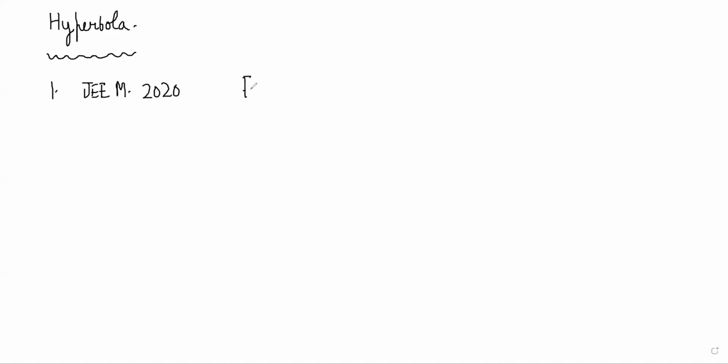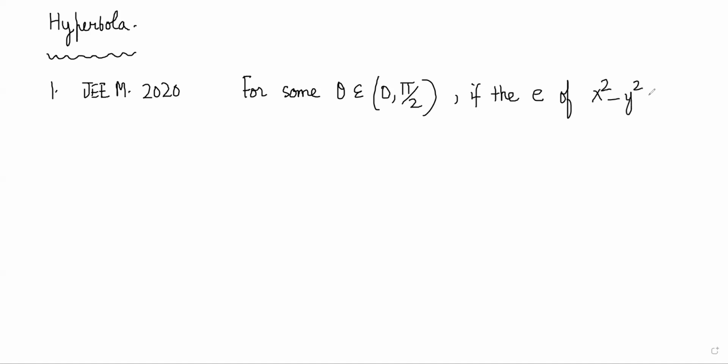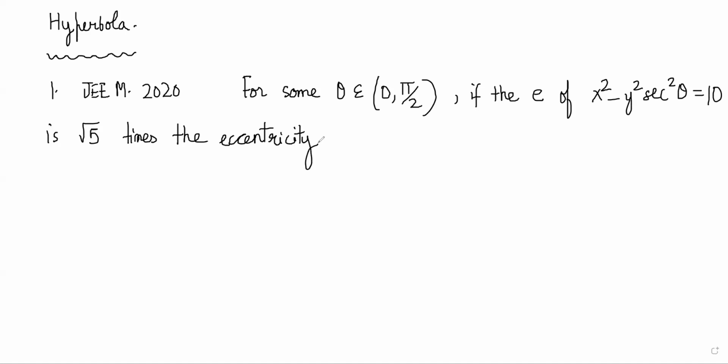And it says, for some theta belonging to (0, pi by 2), if the eccentricity of x square minus y square sec square theta equals 10 is root 5 times the eccentricity of x square sec square theta plus y square equals 5, then what is the length of the latus rectum of the ellipse?